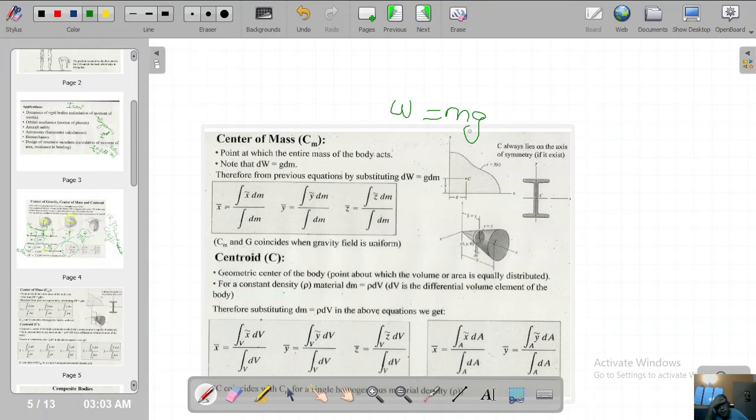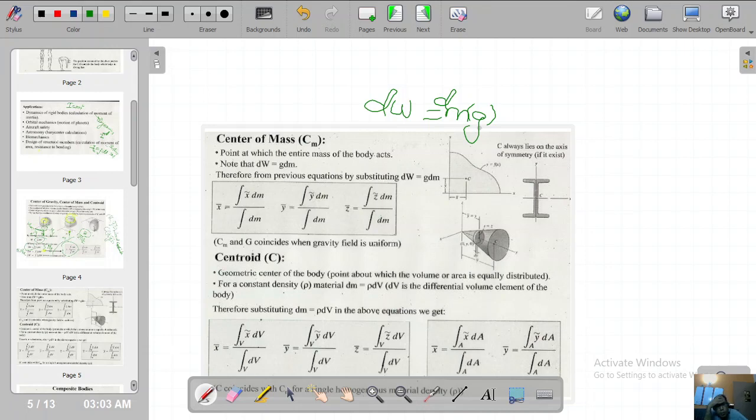So for dw, what will happen? dw will be equal to dm times g. Here, instead of dw, they have put dm times g.